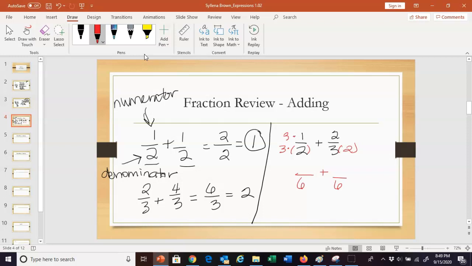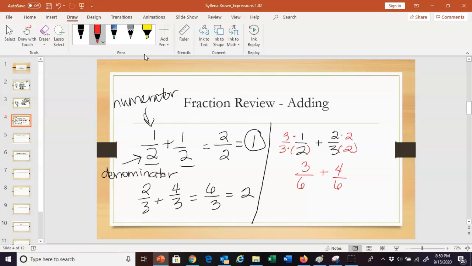You have to keep it equal. Because look, 3 over 3, that's just 1. So we're really not changing the value of the fraction. We're just changing the way it looks. And then over here, we'll multiply the top by 2 because we did it on the bottom. So this new numerator is 3 times 1. And the new numerator over here is 2 times 2.